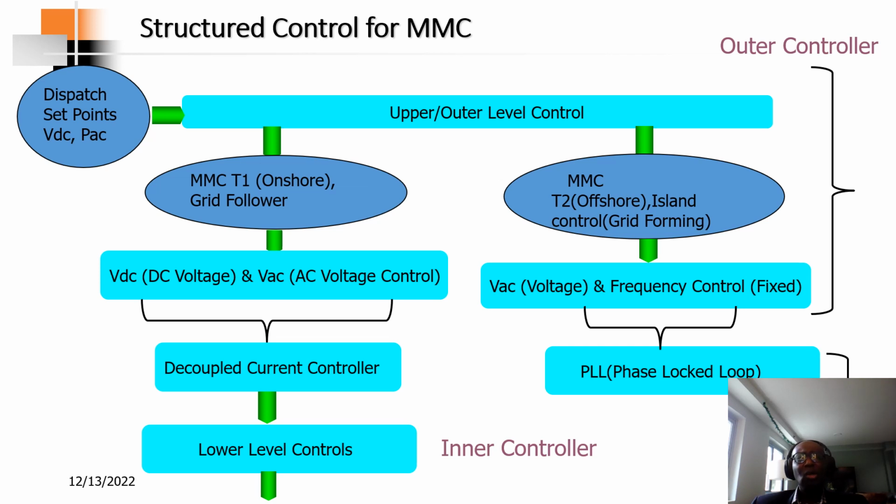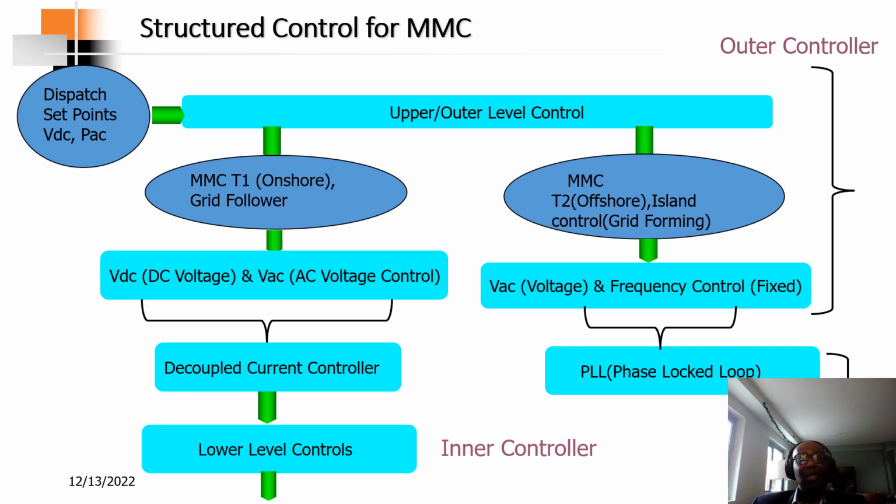An MMC has two control levels: the upper or outer level control, and the inner level control, or the lower level control. I have dispatch set points, DC voltage and active power, which come from the dispatch center and are sent to my outer or upper level controller.